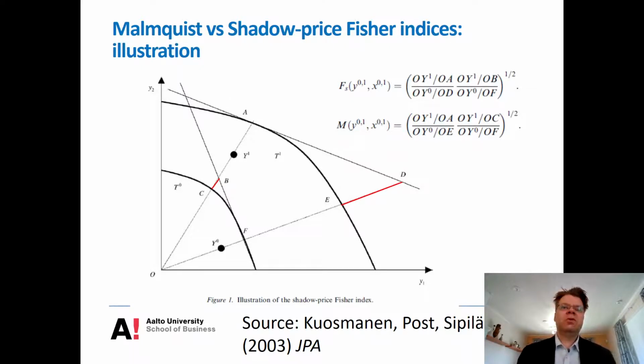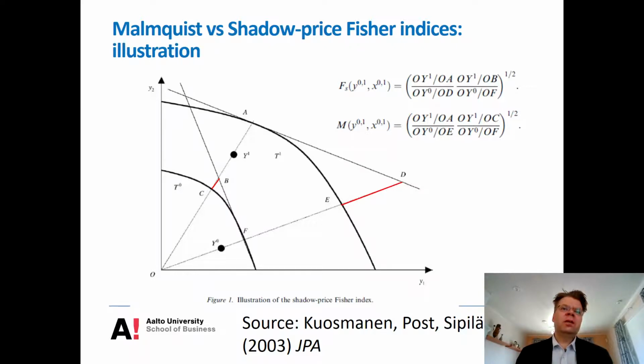That is F subscript S, and the corresponding Malmquist index is M. Notice that in the shadow price Fisher index we took these shadow prices of the base period and target period, and then extended these facets, so that we had these iso-revenue lines.